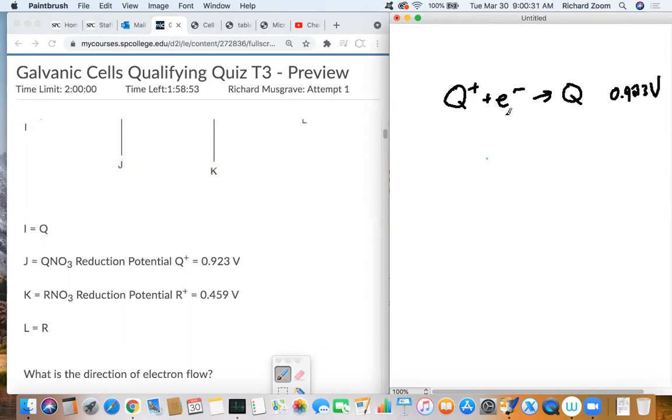Now this is a reduction because the electrons are on the reactant side. The other reaction is this. It is 0.459 volts. So your first decision here has to be, well, which one do I flip?